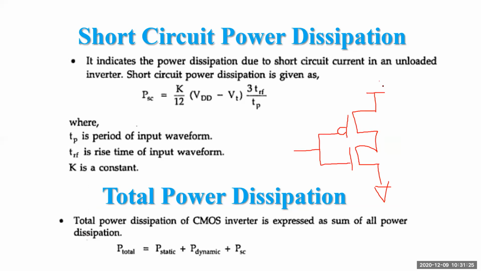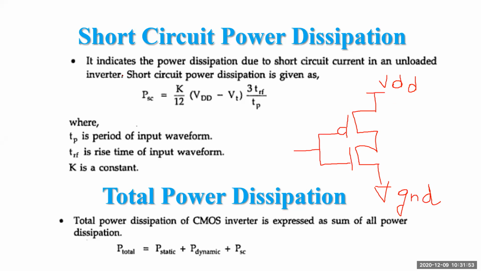This is the VDD, and this is the ground terminal, which is of value 0 volts. The VDD depends upon the technology, so I'm not mentioning the voltage. It can be from 5 volts down; now they are using like 1 volt or 0.9 volts.